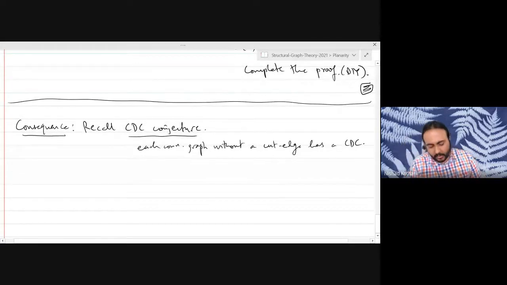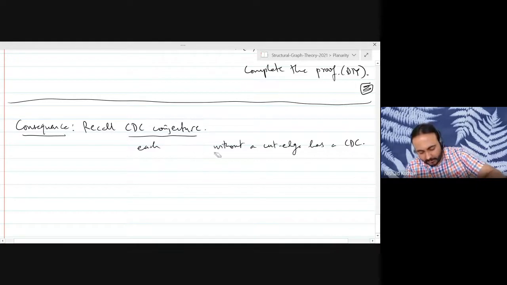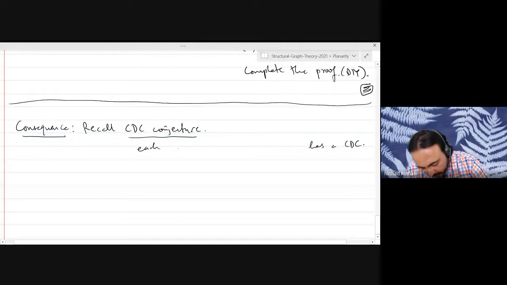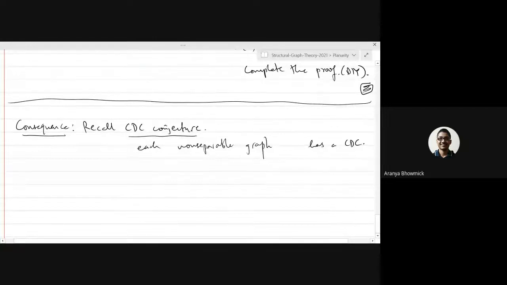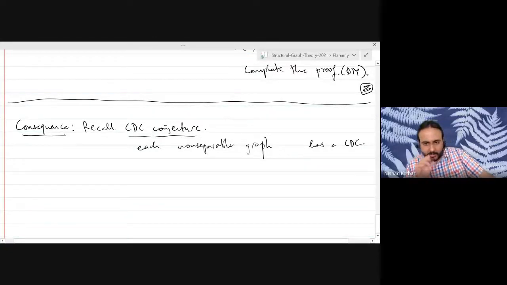But we also observed that we don't need to look at all connected graphs. We can just look at the non-separable graphs, right? That was an observation. So I can replace this by non-separable graph, because proving it for non-separable graphs will prove it for all graphs. Sir, more precisely, we can look at the three connected graphs, right? That's right. But right now, I just want to look at the non-separable ones.